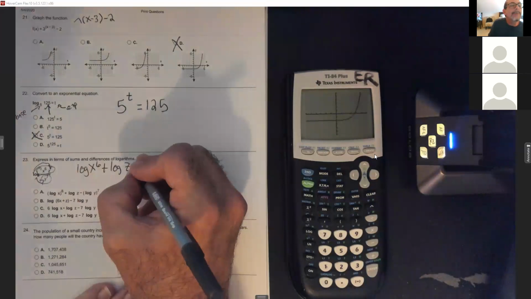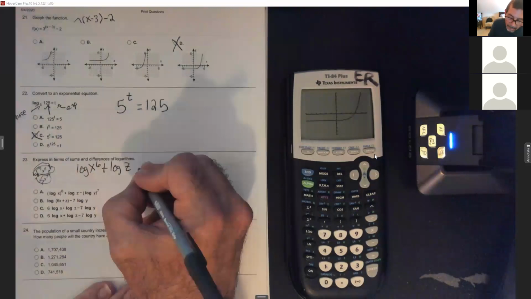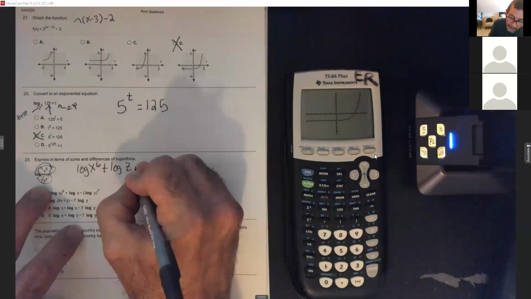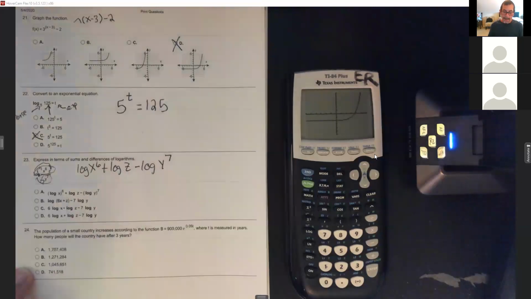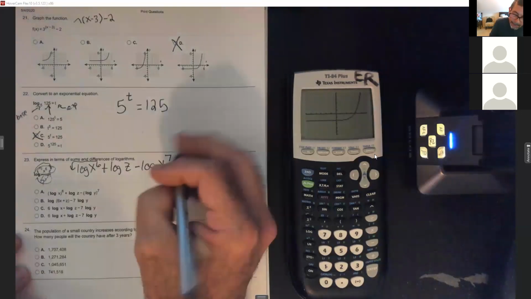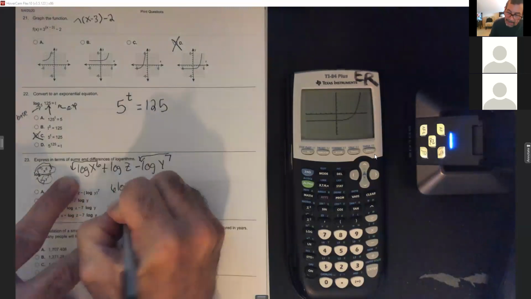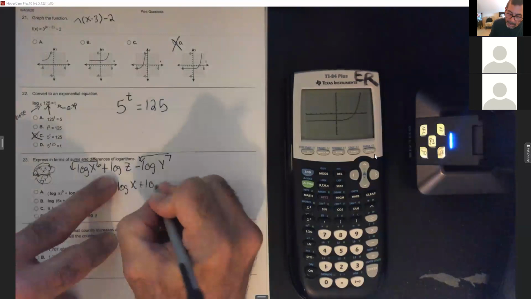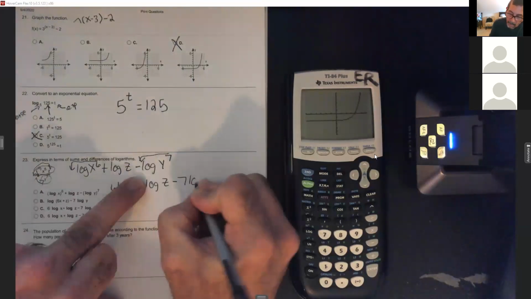Oh no, there wasn't anything by my z, was there? And then since this y to the 7 is on bottom, it's going to be minus log y to the 7th. Now remember, the last thing I do is take these exponents and bring them down to the front. So this one will give you a 6 log x plus the log z minus 7 log y.